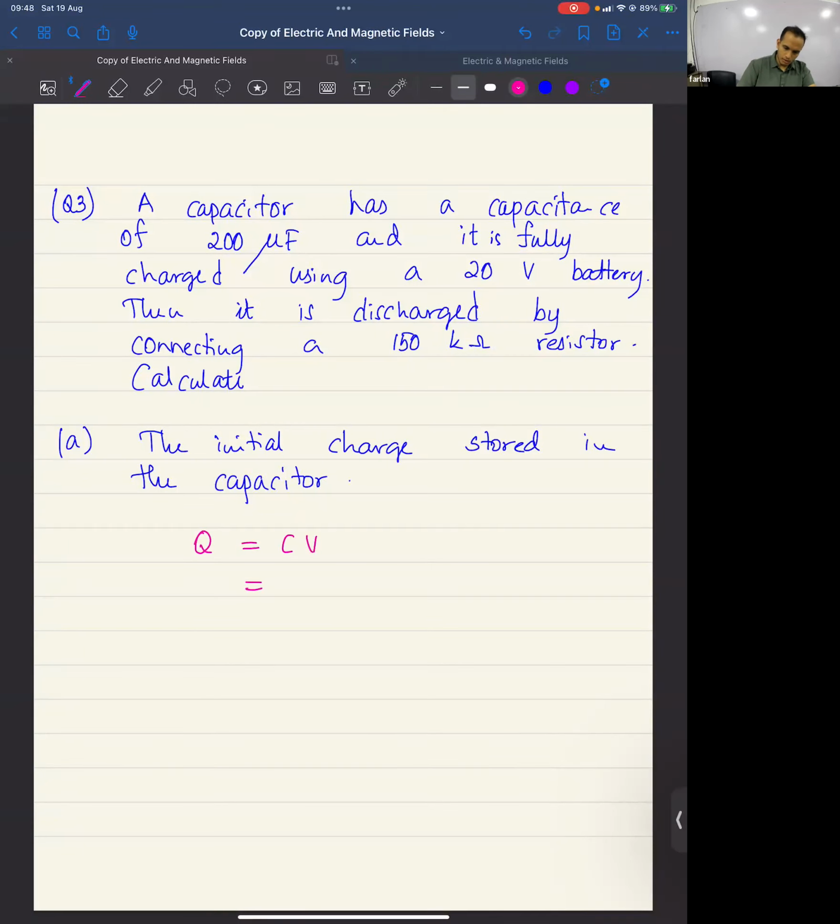C is 200 into 10 to the power minus 6, V is 20, which is 4 into 10 to the power minus 3 coulombs. Am I right? 4 millicoulombs, correct?